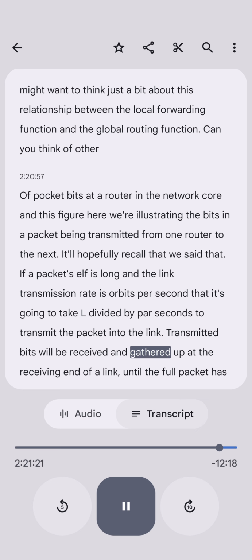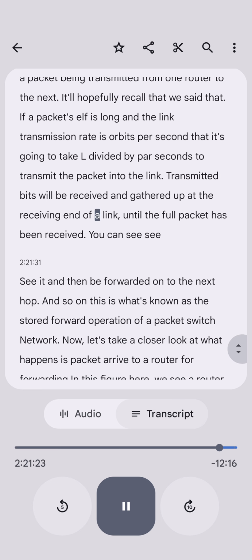Transmitted bits will be received and gathered up at the receiving end of a link until the full packet has been received. You can see the bits in the packets being gathered up here. Once the packet's been fully received, it can then be forwarded on to the next hop, and so on. This is what's known as the store and forward operation of a packet switch network.